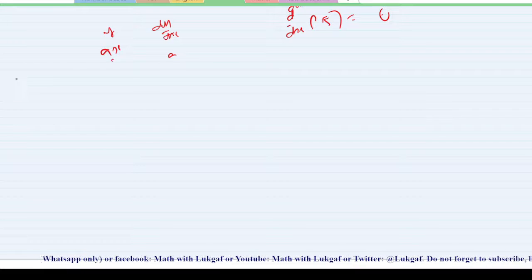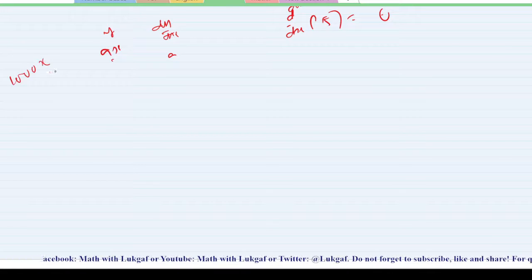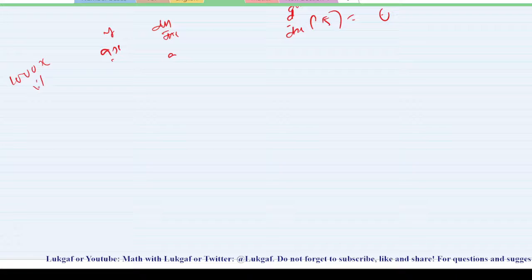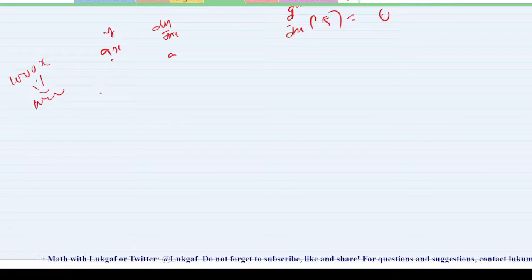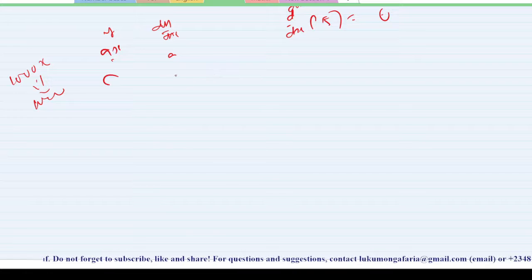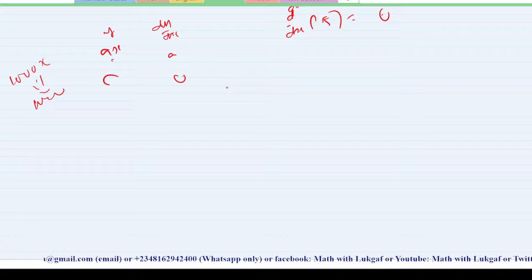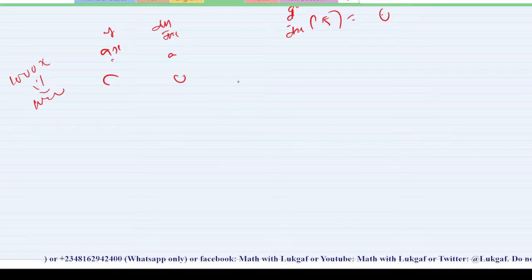In that sense, when you have 100x or 1000x, the derivative of 1000x will give you 1000. Likewise, when you have a constant, think of any constant, the derivative of a constant is 0 like we've shown there. So even if you are a constant and we differentiate you, you are going to get 0. You can try that out. So that's that, please keep this. I'm going to explain more on it in the next video.